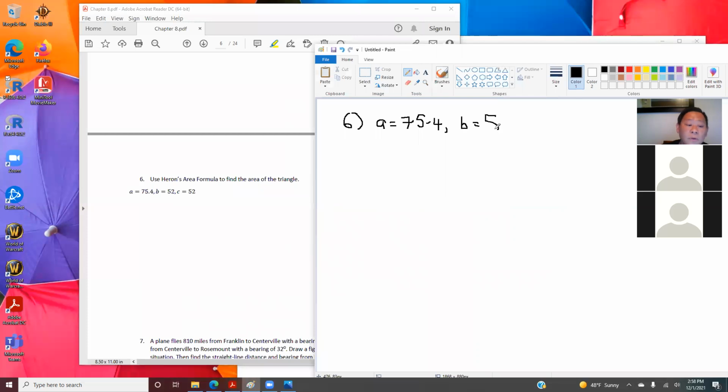Since they give you 3 sides, side A, side B, and side C, and the question is not asking you to find the angles, the question is asking you to find the area, we will use the Heron's formula here.